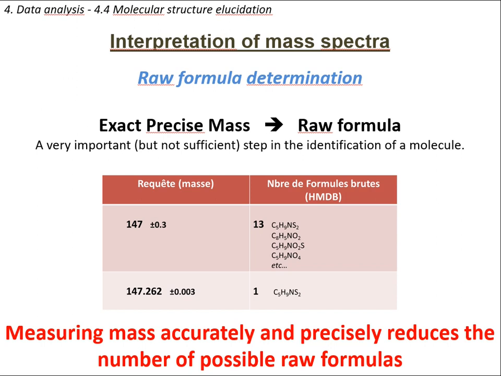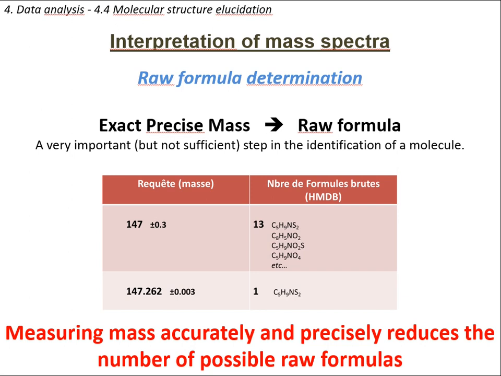It's very important but not sufficient, as we saw. Just to give you an example, if you have a requested mass of 147 plus or minus 0.3 atomic mass unit, then the number of raw formulas available is 13 in just one database, the Human Metabolome Database.